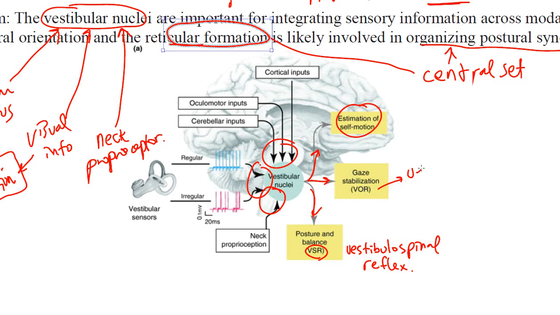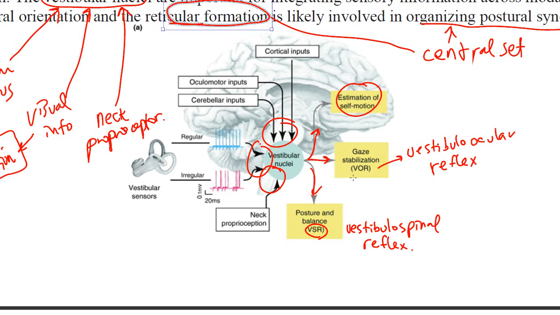VOR stands for the vestibulo-ocular reflex. So what it does is it sends the head position signal to cranial nerve number 3, 4 and 6, which are all involved in moving our eyes.